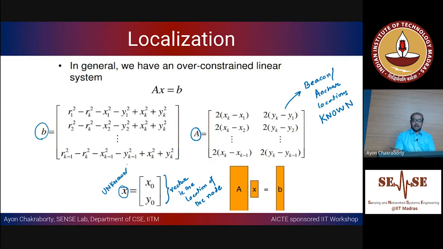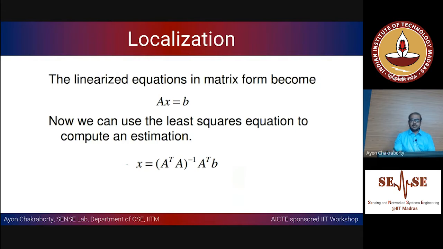And also you can have noise in such systems, where there are standard methodologies to solve for the value of x, and in that case you can use this equation, right? And we don't want to go into the details about how this equation can actually help you solve for least squares.